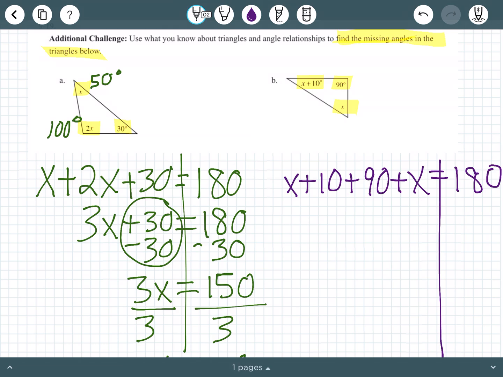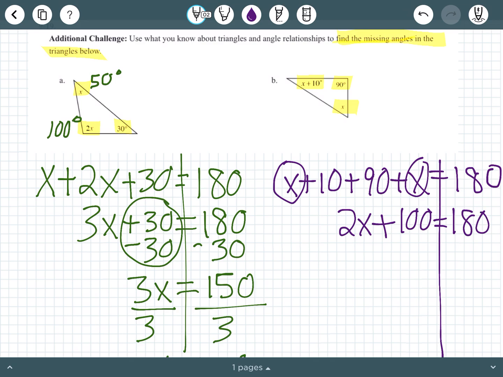Now let's go ahead and solve our equation. We came up with an equation, so let's solve it. I have 2x on this side, and 10 plus 90 gives me 100, so 2x plus 100 equals 180. I will subtract 100 from both sides.